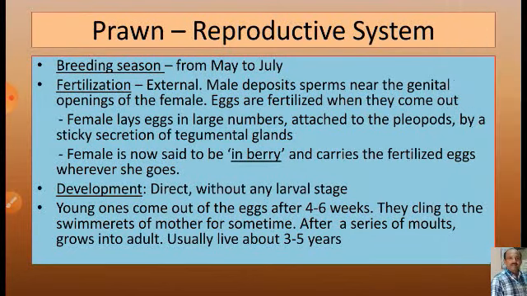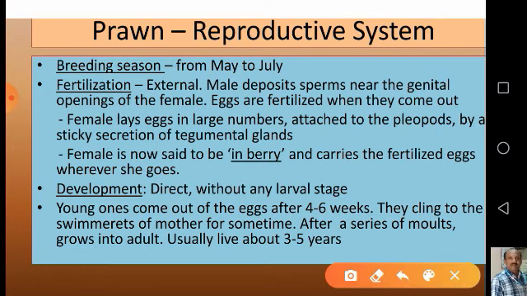So just now we have discussed that the breeding season of the prawn extends from May to July: May, June and July. During the breeding season, the male and female prawns come near, and then fertilization happens.